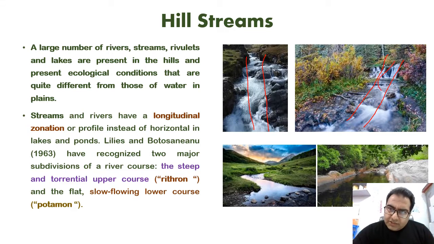We call such a course the torrential course, or the upper course, and we call it the rhithron.